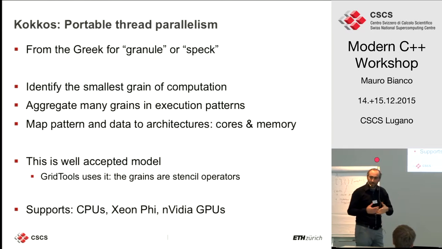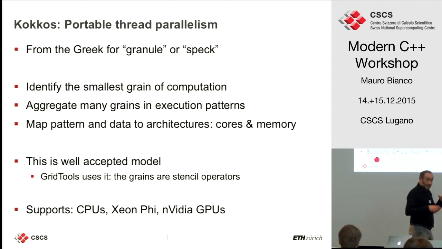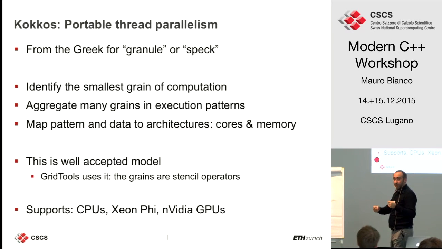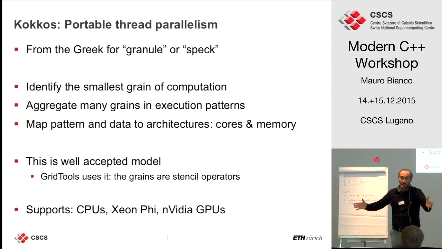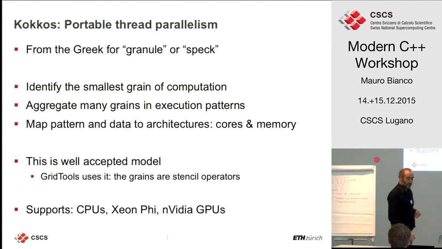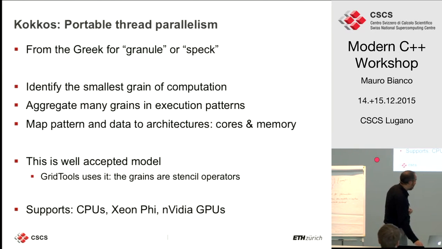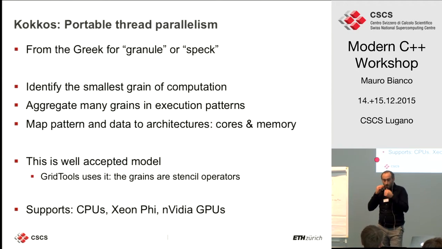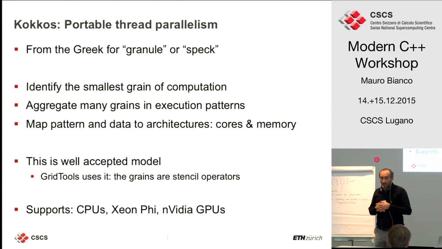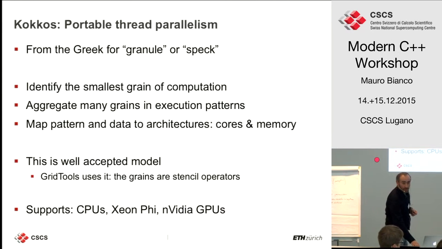So GridTools, in some sense, is an instance of this concept of specifying the maximum parallelism you can, aggregate the thing, and run in chunks, to avoid the threads overhead or runtime overheads. They support CPU, Xeon Phi, NVIDIA GPUs. They are more active on the backend side, more than GridTools.